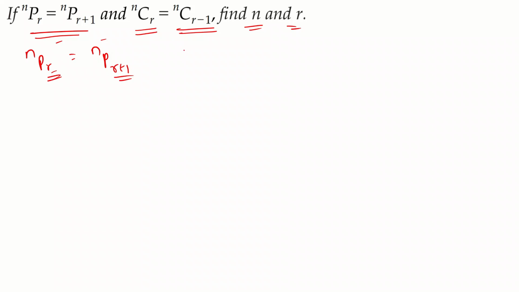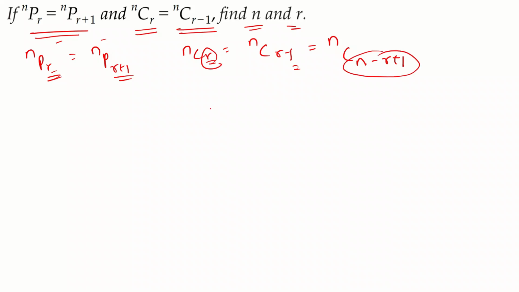Let's start with this, nCr is equal to nC(r-1). So we cannot have r equal to r minus 1 either. So what we do, we write this denominator as n minus r plus 1, and then we can equate r with this thing. So we have r is equal to n minus r plus 1, and we take r here, so we get 2r is equal to n plus 1, and this is our first equation.